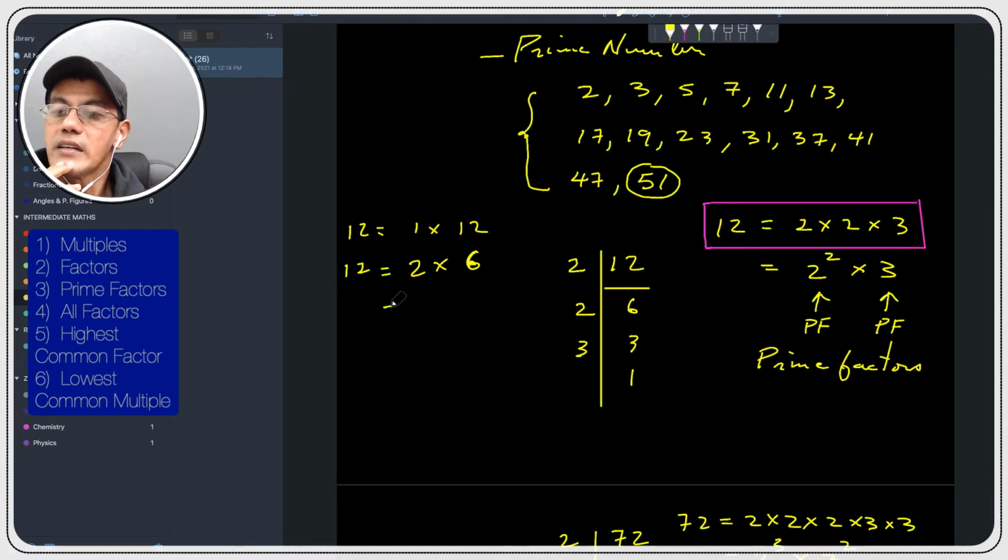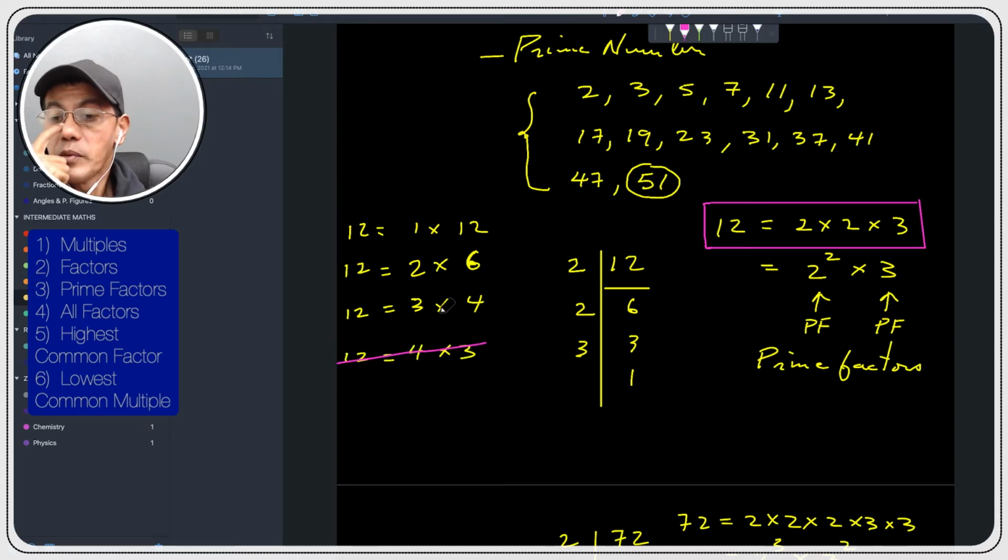So you can go again. 12 is equal to what? 3 times 4. And again, 12 is equal to what? After 3 is what? 4. 4 times 3. And notice we are repeating ourselves. And because we are repeating ourselves, we will just strike this out.